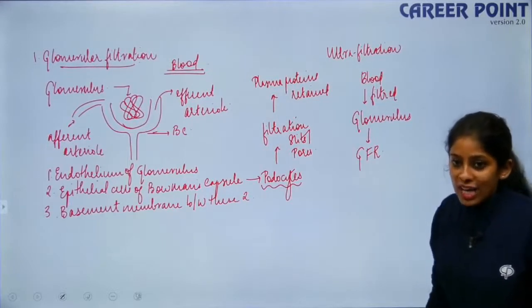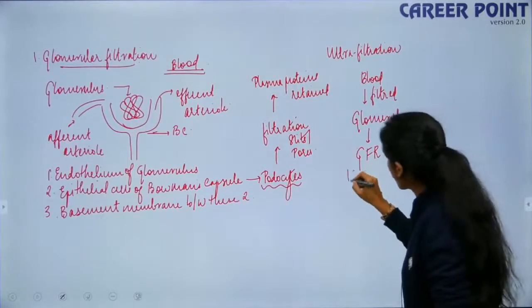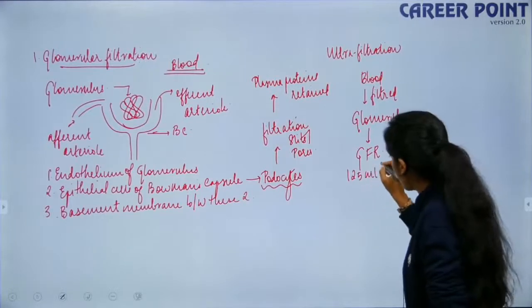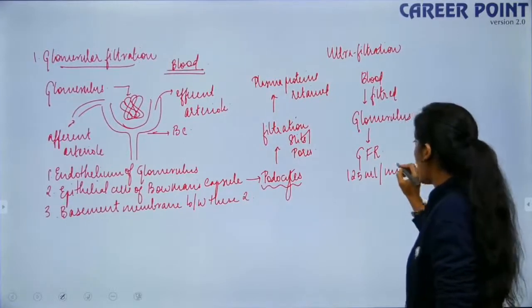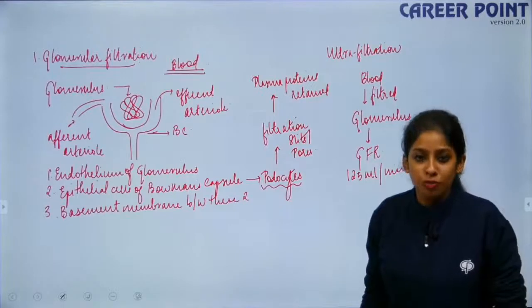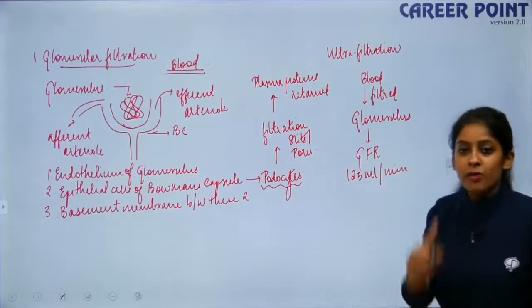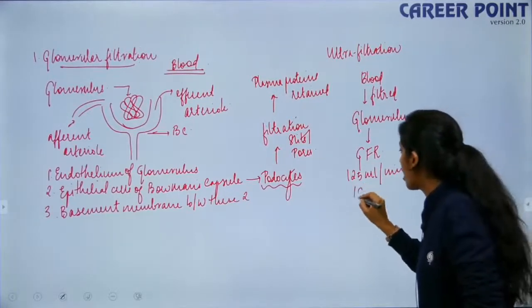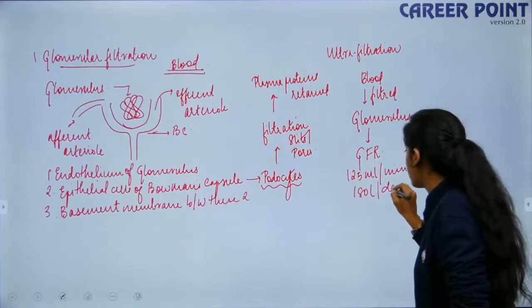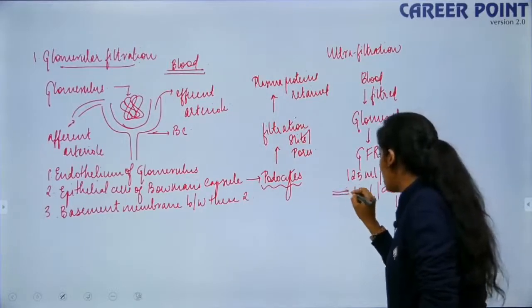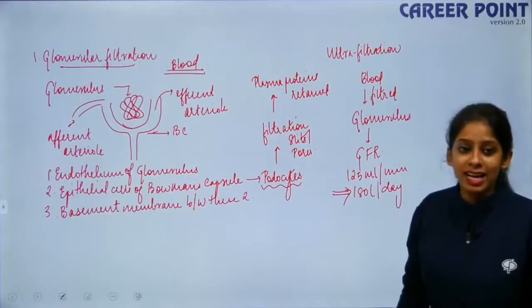The value of this is 125 ml per minute. So, you have 125 ml of filtrate per minute. In a day, you have 180 liters per day. This is the amount of blood that it filters in a day.